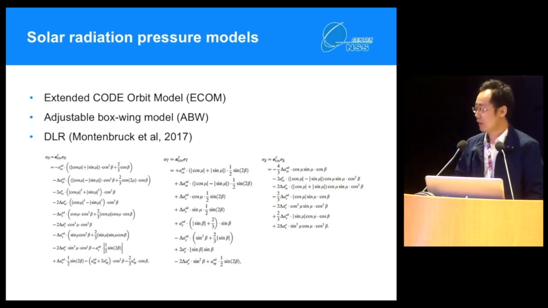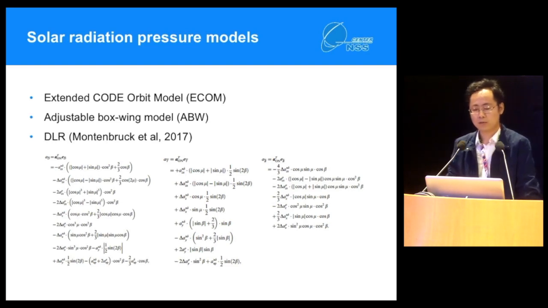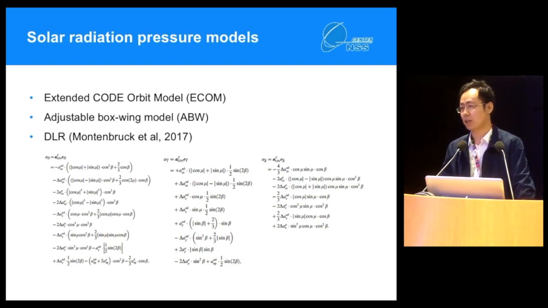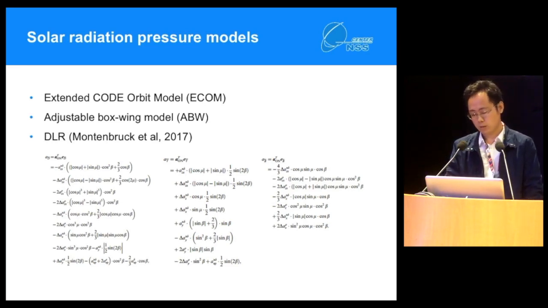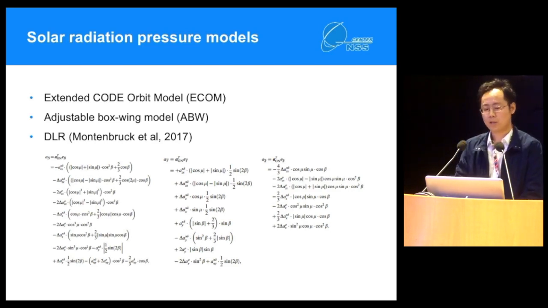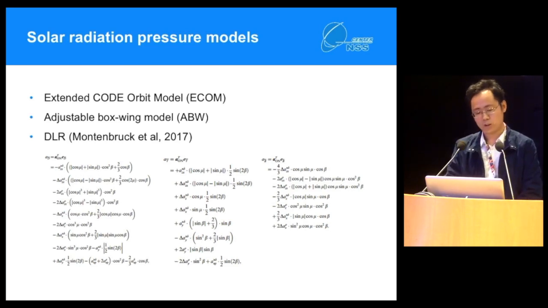And recently, Oliver proposed a new semi-analytic model for the QZSS, and it can be used for all satellites which use the orbit normal mode, such as the GEO.